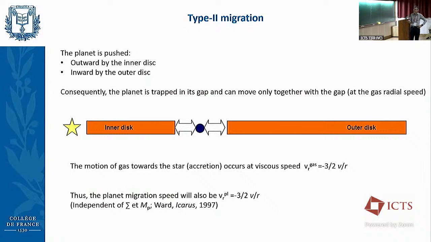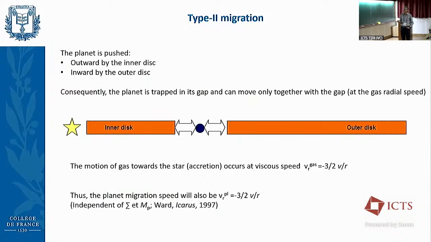And similarly, the planet cannot go towards the outer disk because the wave takes away angular momentum from the planet and moves the planet inwards. So the planet is condemned to be in the middle of the gap, not go into the inner disk or the outer disk. So that means that if the planet wants to move towards the star, the entire disk has to move towards the star, together with the gap, because the planet cannot move relative to the gap, repelled by the edges of the gap.